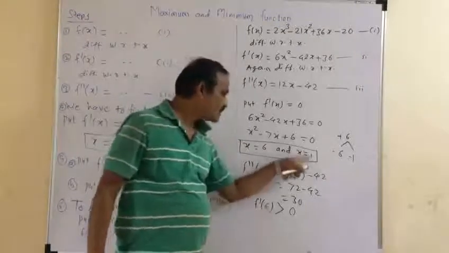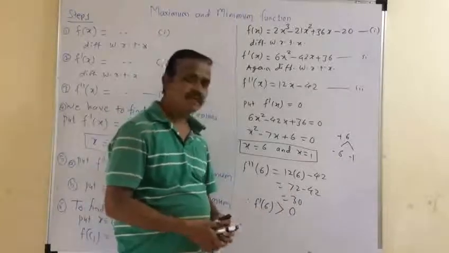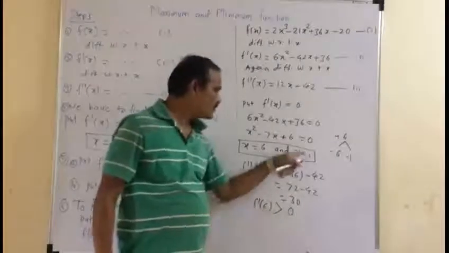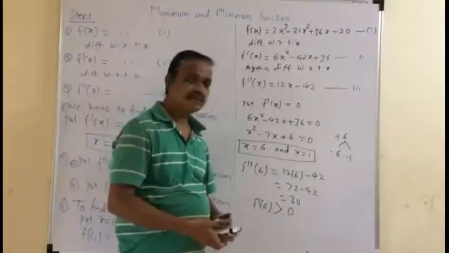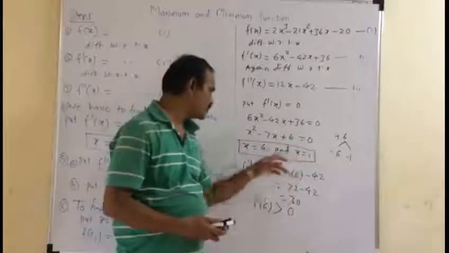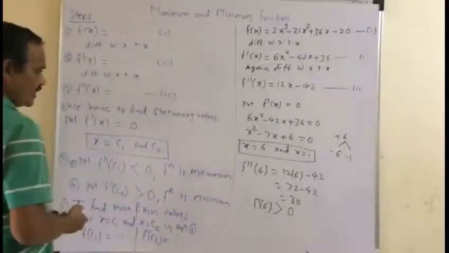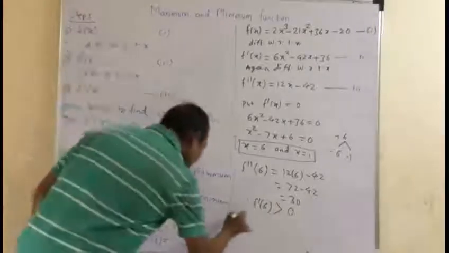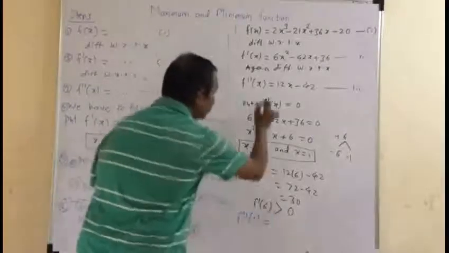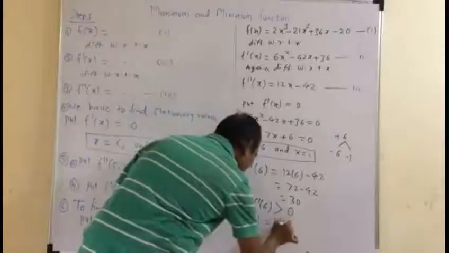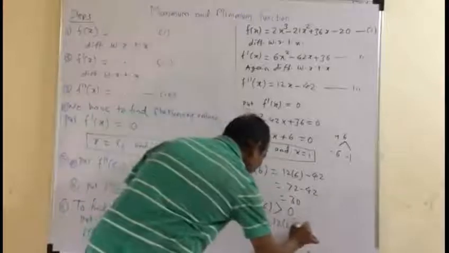Now we check the second value, x is equal to 1. Similarly we put x is equal to 1 in equation 3. We get a negative value: f double dash of 1 is equal to 12 times 1 minus 42.